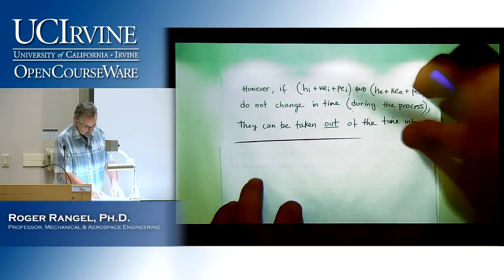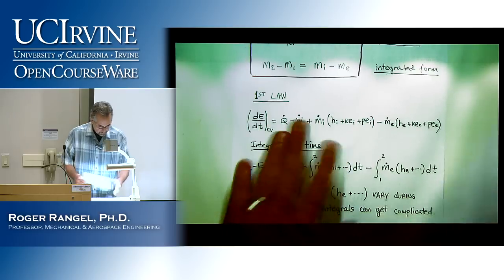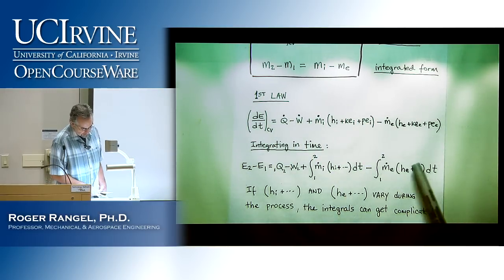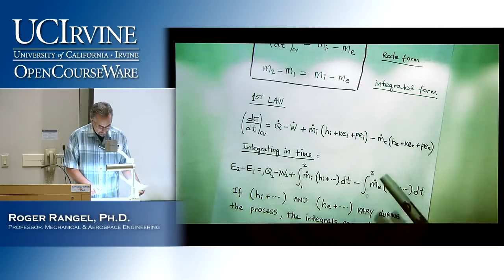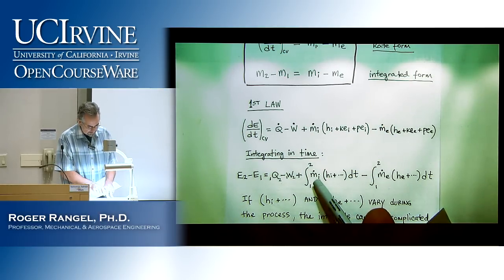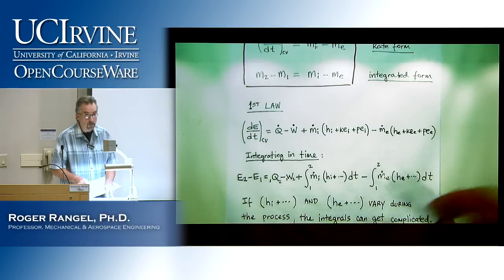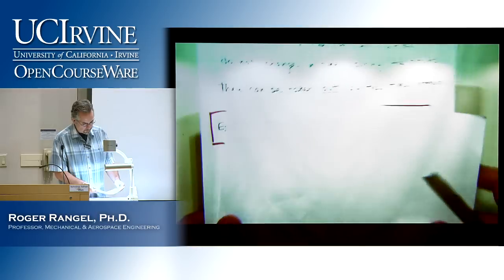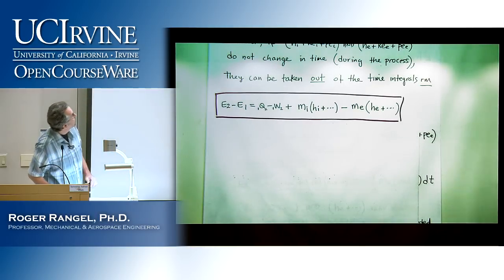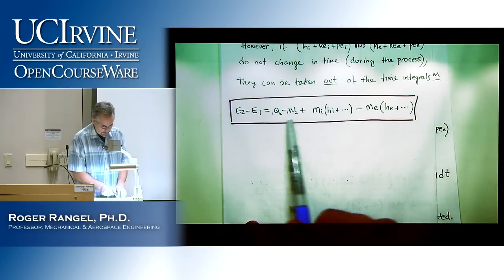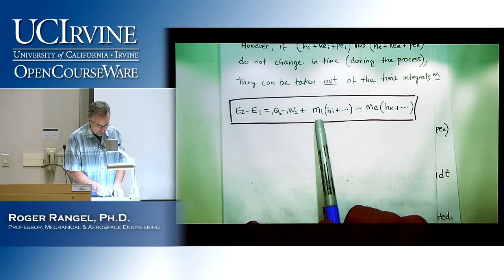If I take them out of the integrals, the only thing left in the integrand is the mass flow rate, m dot. And when I integrate the mass flow rate, of course, I get the mass. So making this assumption allows me to carry out the integrations.